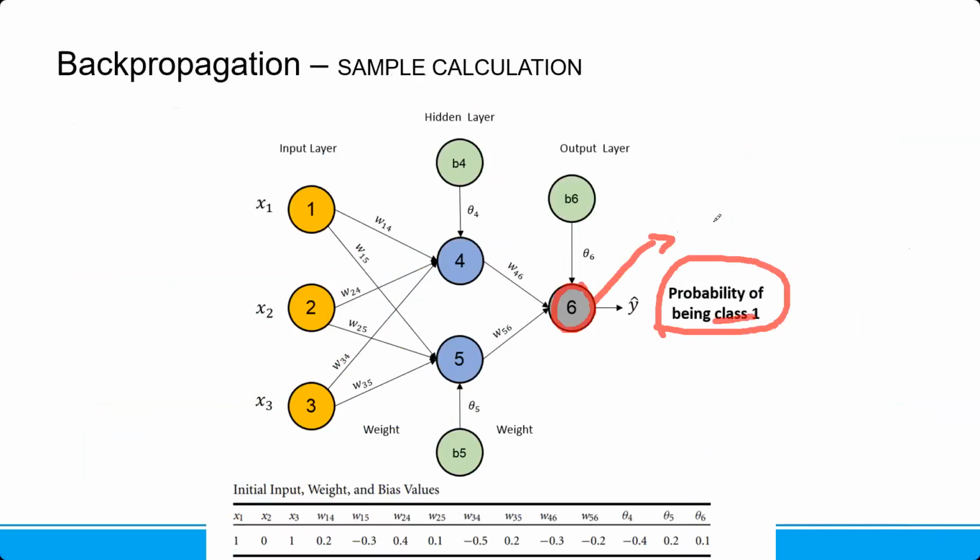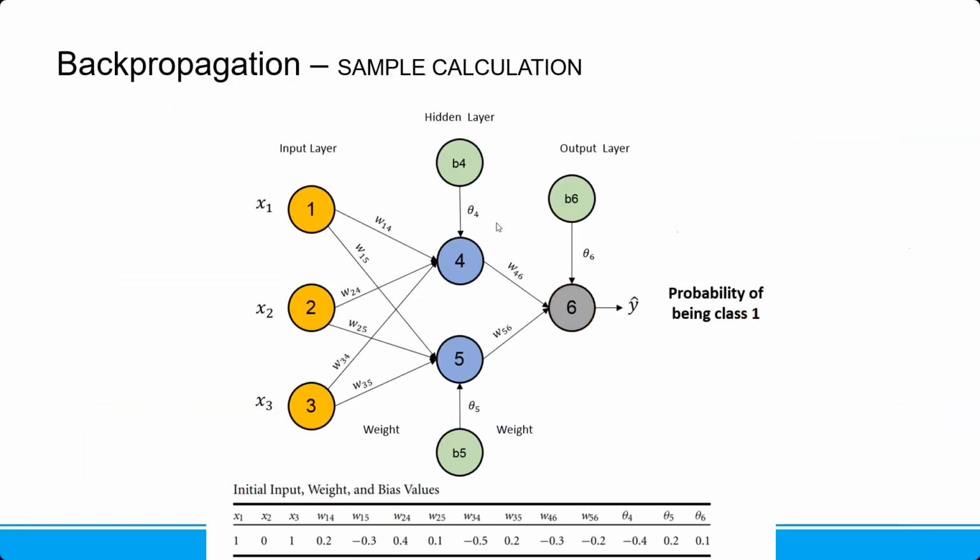And if we know binary, it has two values, 0 or 1. If the probability is higher than 0.5, so this is just common sense, if the probability is high, we can say it is more likely the class number 1. But if the probability is less than 0.5, it is more likely class 0. So there are two classes, 0 and 1.